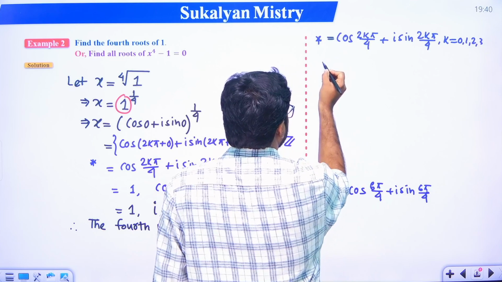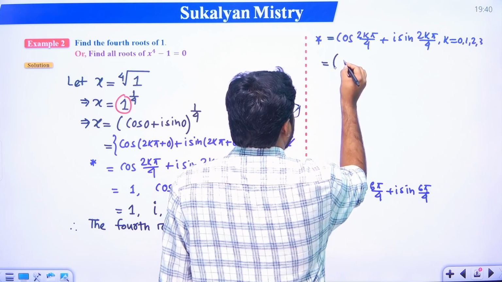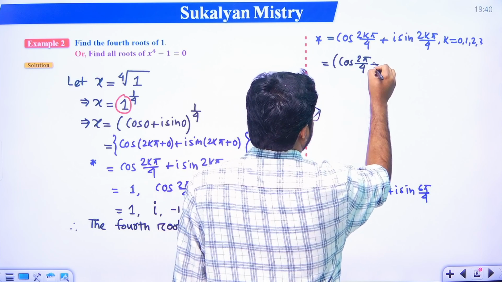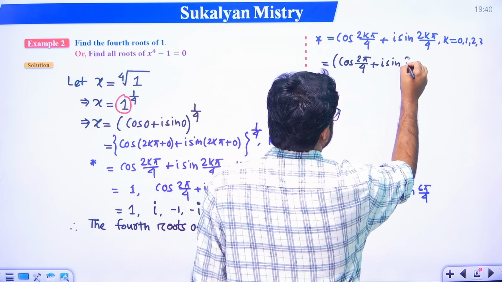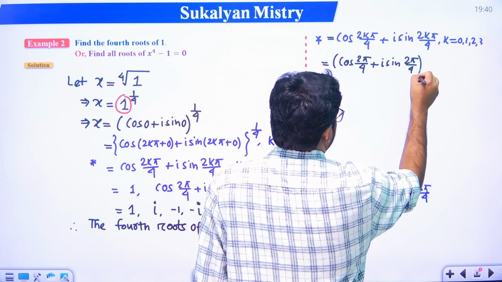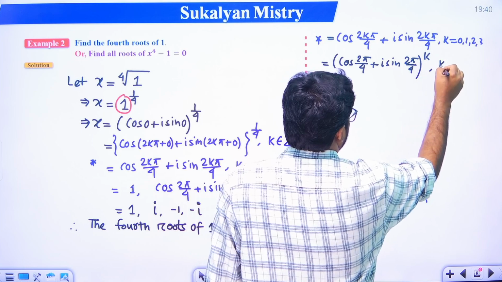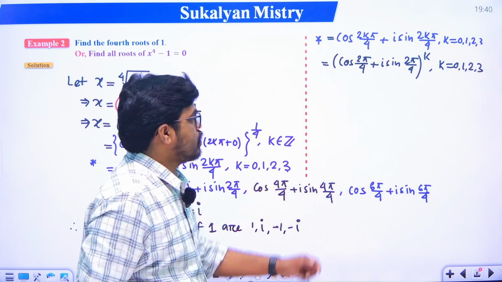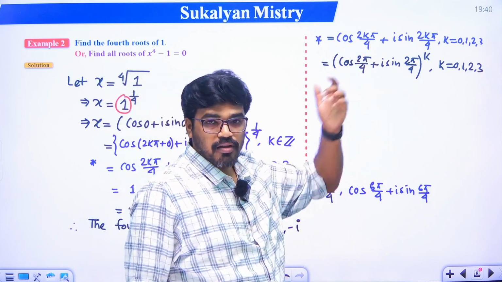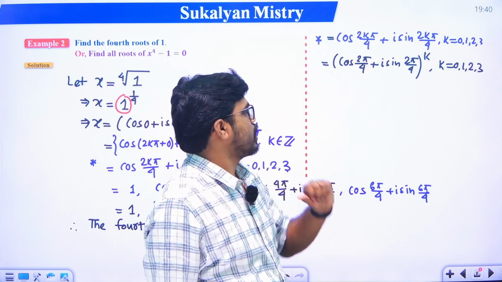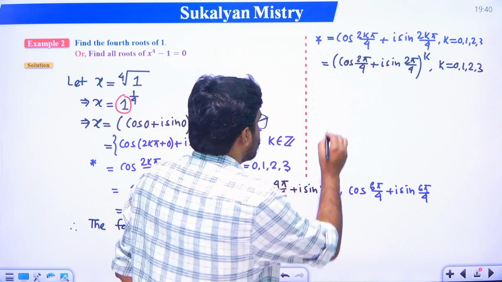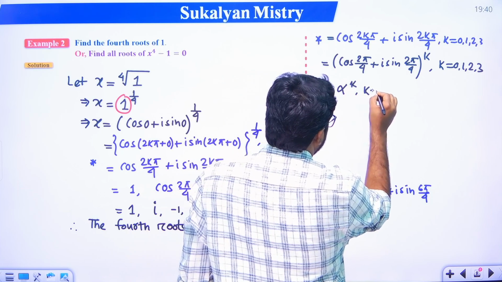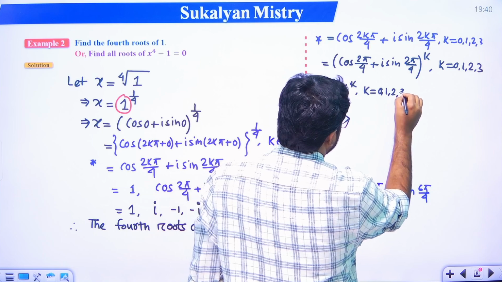This can be written as (cos 2 pi by 4 plus i sin 2 pi by 4) to the power k, where k is equal to 0, 1, 2, 3. Suppose this is alpha. So this is equal to alpha to the power k, k equal to 0, 1, 2, 3.